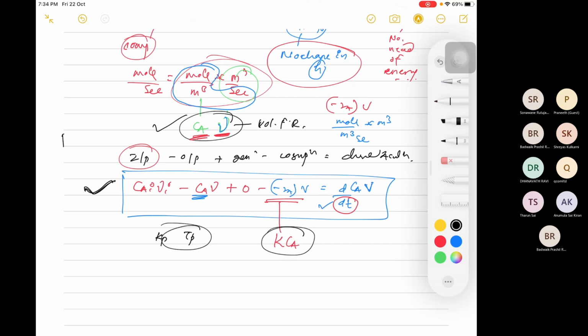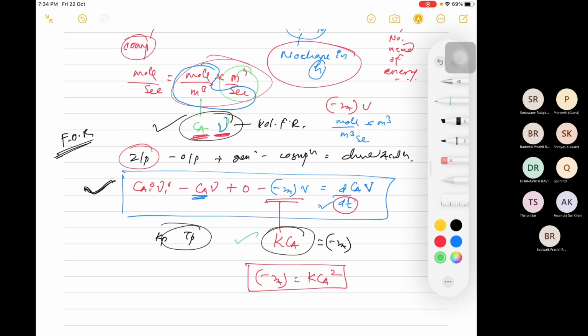Why am I taking first order reaction? For first order reaction. I may be a bit fast today, but I need to cover that. What is K into CA? That is the rate of reaction minus RA, and I am considering first order. If I take minus RA is equal to K into CA squared, then what will come?